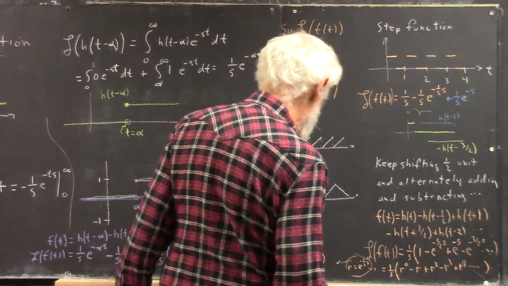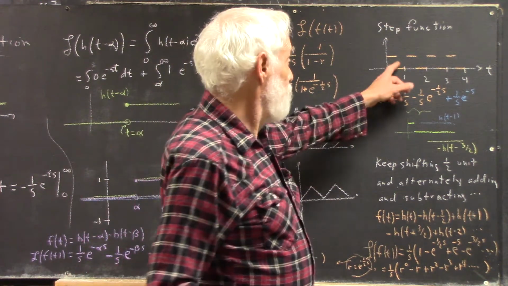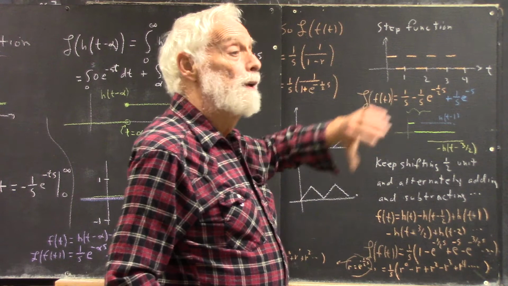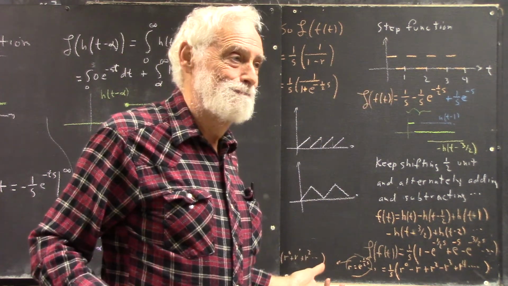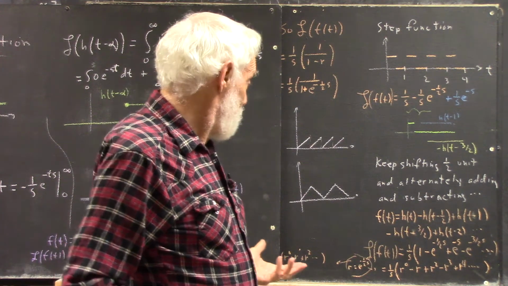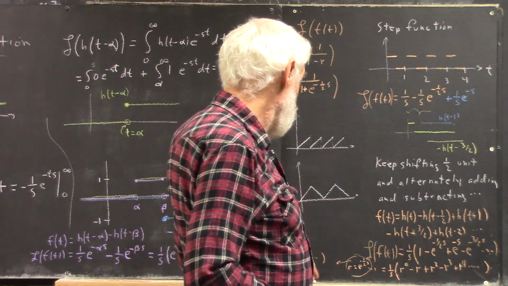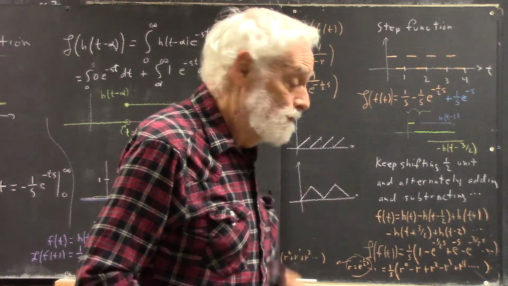Okay? And that involves just basing it on a step function, but multiplying the step function by some linear function. Okay? So you got to find the proper linear function, or the linear function allows you to do this. So think about that one.